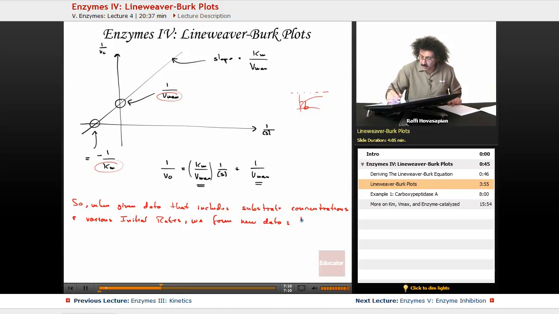The new data we form is 1 over those substrate concentrations and 1 over the initial rates, and plot this.